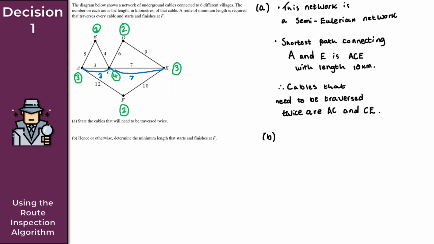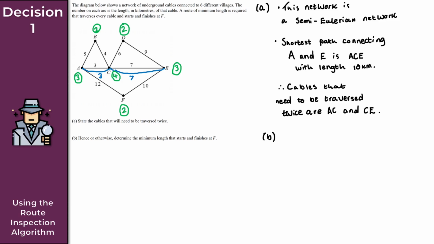Now, why is that important? Once we repeat these arcs, it makes this network go from a semi-Eulerian network to an Eulerian network. Basically, all my vertices now are of even degree. So rather than having two odd vertices, all my vertices are even.